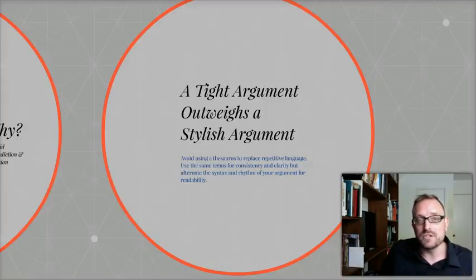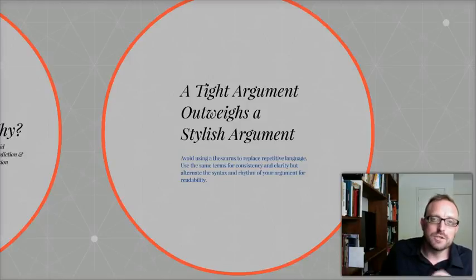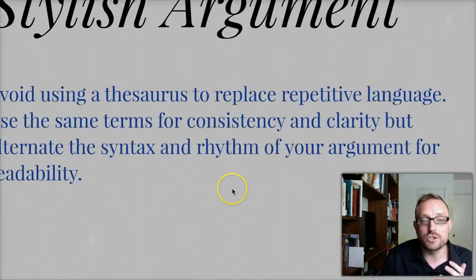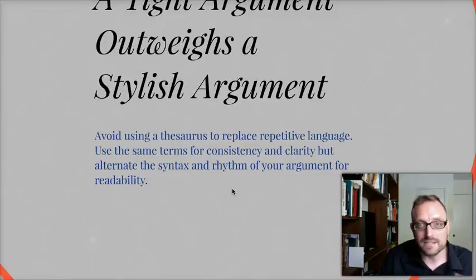And if your style is so emotionally laden that you lose track of the terminology of how it's used, then a problem's arisen. So a tight argument, a well-structured argument outweighs a stylish and a quote-unquote well-written argument, right?